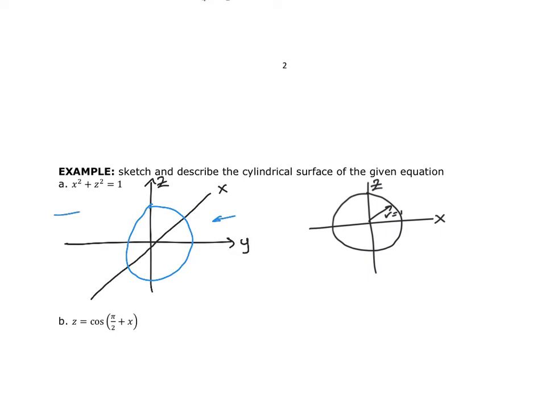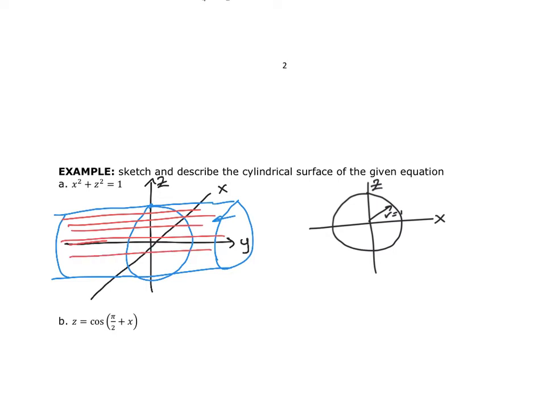Now, my y is the value that can take on any real number. And so if I wanted to cut it, say at that end of y and then at that end of y, that would be my cylindrical surface. My rulings would be running parallel to the y-axis in this direction, and that's what it would look like.